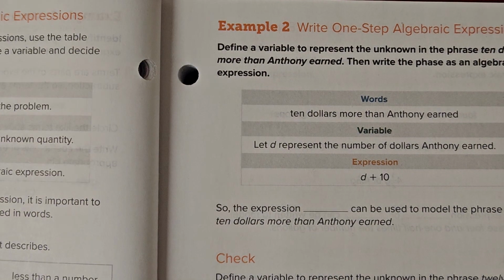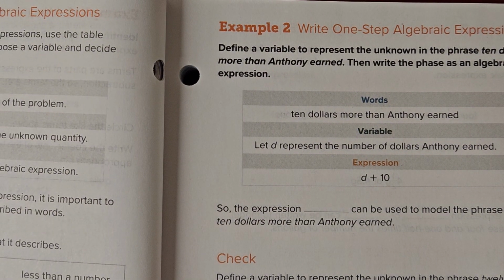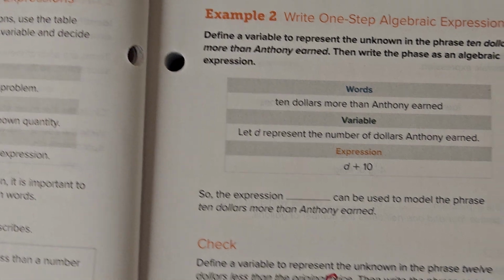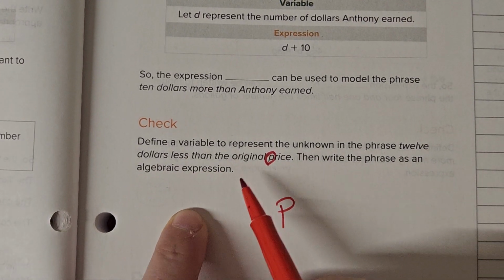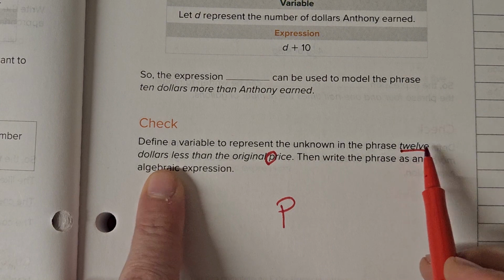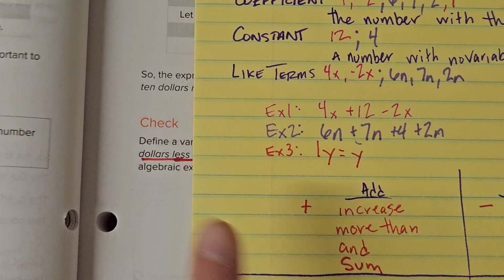Okay, so over here, let's just skip down to the check. Define a variable that represents the unknown in the phrase $12 less than the original price. Well, I'm going to use P as my variable. That's part of defining the variable. Now let's go back in here. The phrase $12 less than. Ooh, less than. That's on our list.